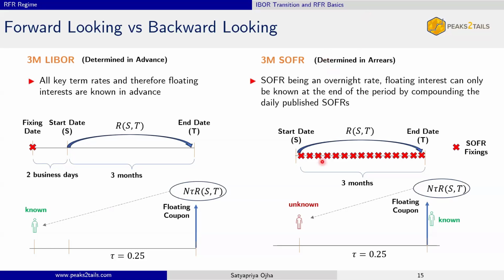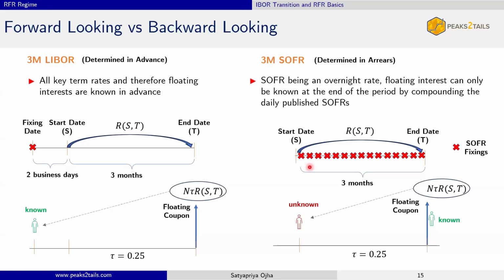So when you are here, again, it's the same kind of contract, 3-month floating rate coupon I need to calculate. On the start date, you actually know nothing. What would be the floating coupon payment? You know nothing about it.